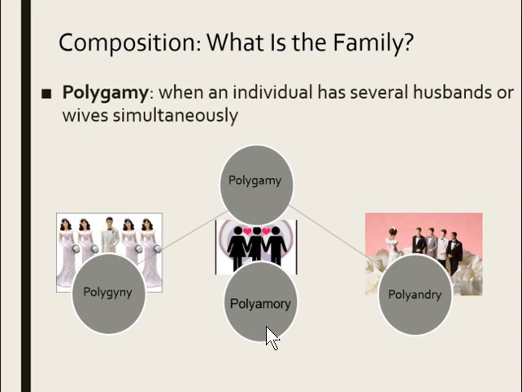Polyamory is different. Polyamory is when a person can have a partner. You can have a wife and a husband at the same time, and your husband and your wife can also be together.